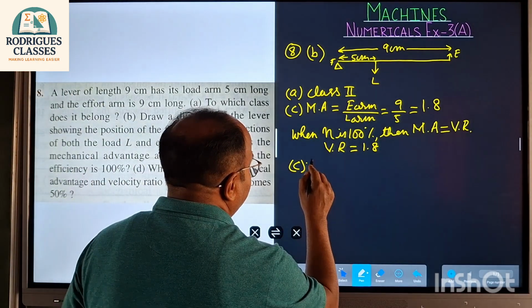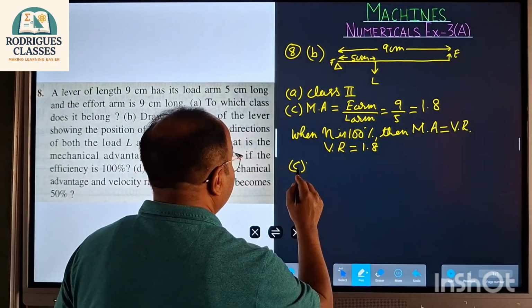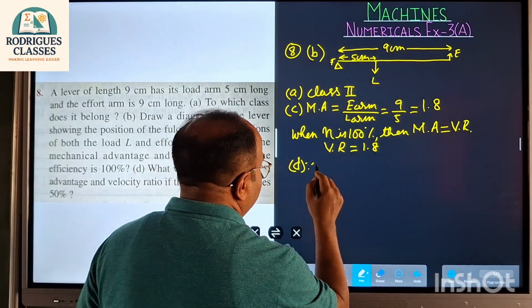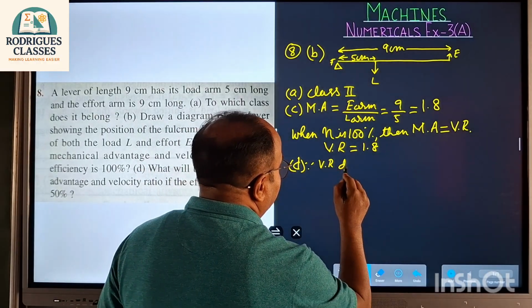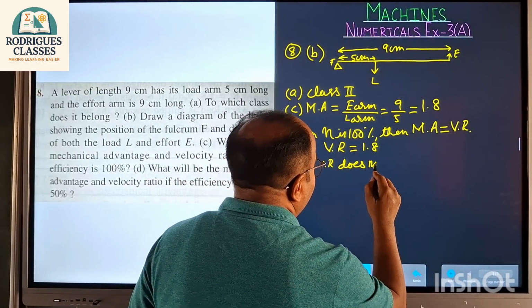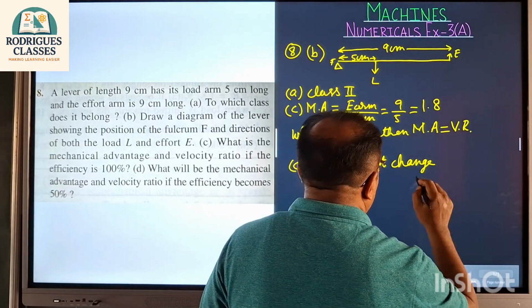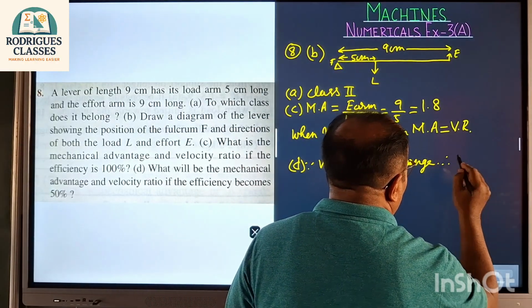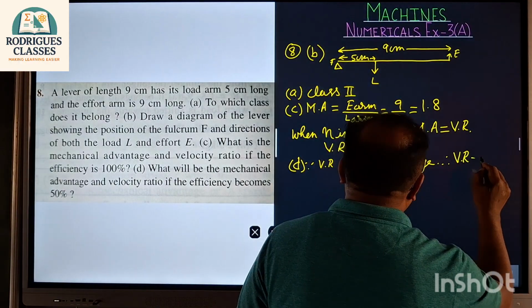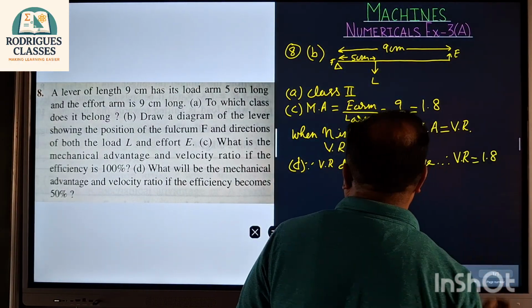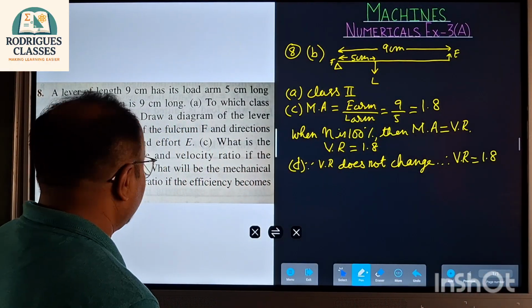So I am writing here, this is the D part. Since VR does not change, therefore velocity ratio remains as 1.8. Now efficiency is 50%.